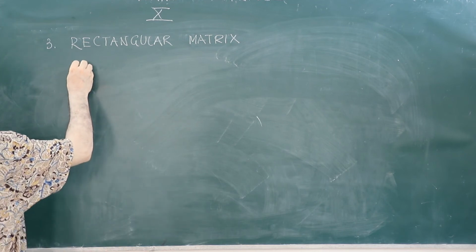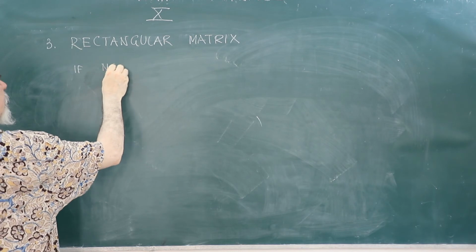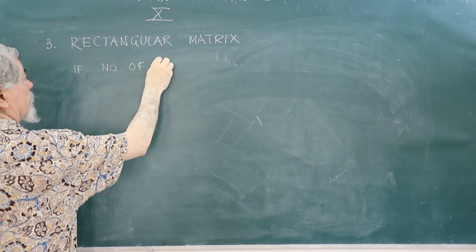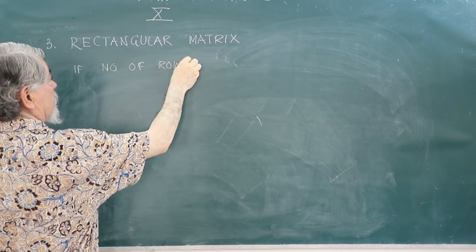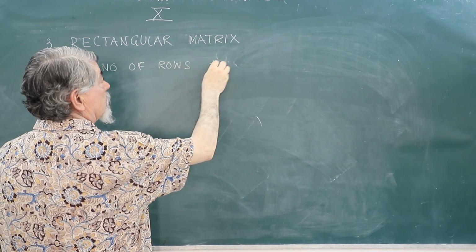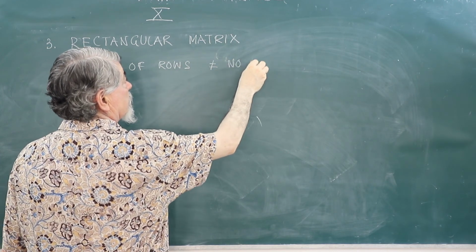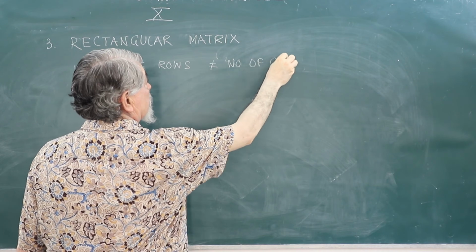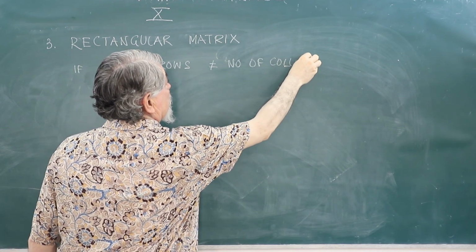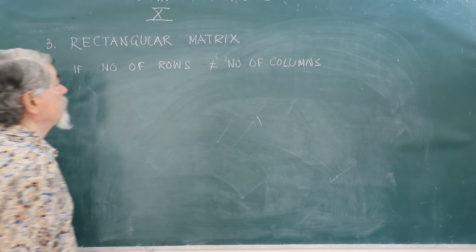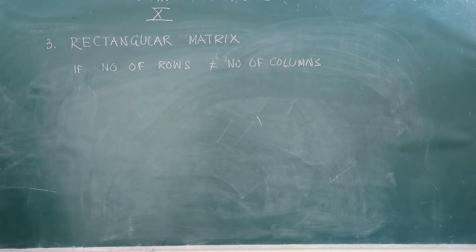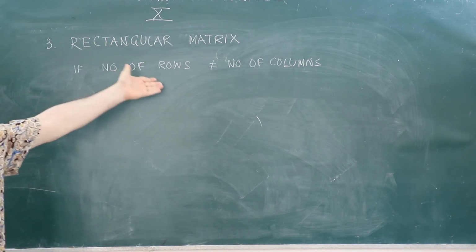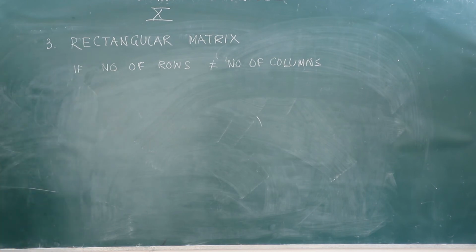If the number of rows is not equal to the number of columns in a matrix, it is called a rectangular matrix.